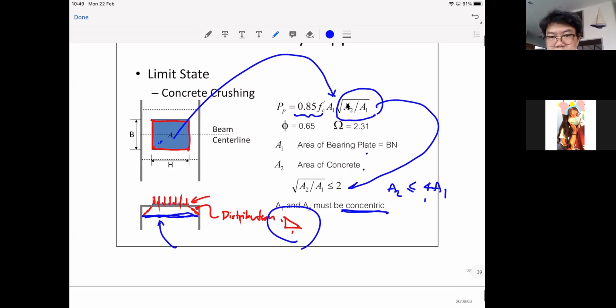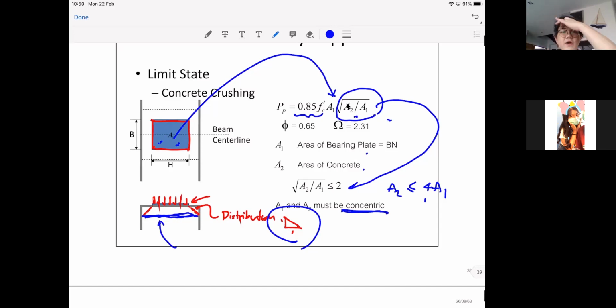So with this calculation, you will know how much the size of the plate you should have. Because when you know the size of A1, you will know this, right? And if your concrete is not big enough, you just have to increase the size of the plate so that you will bring more concrete area into carrying the load. Okay, so the tricky part is just to take care of the area underneath. All right, so that's concrete crushing.